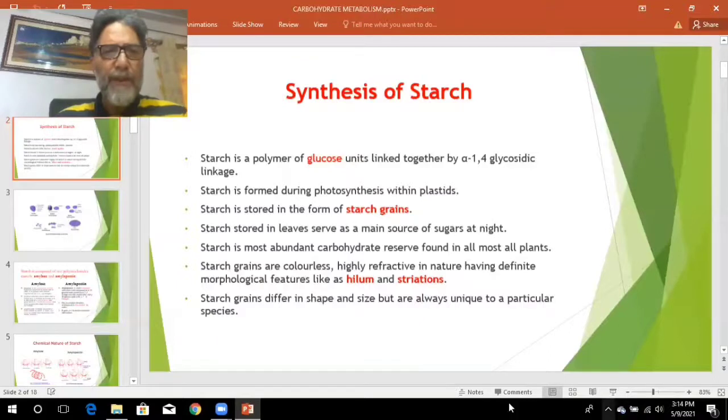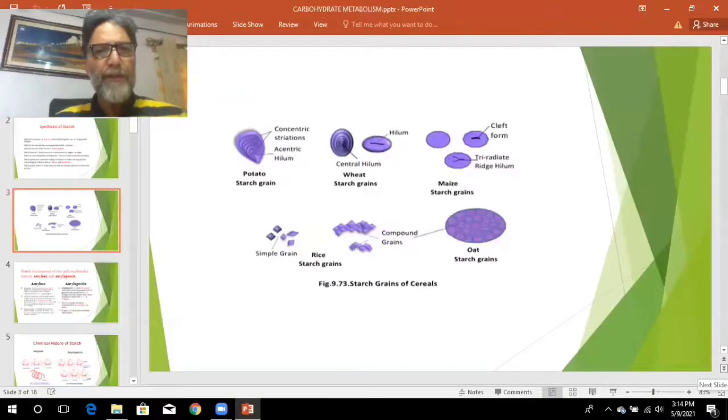Now, having said that starch is a stored form of polysaccharide and is stored in the form of starch grains, you will see these starch grains have definite shapes. If we consider the starch grains of cereals, as well as potato, you will see potato has a starch grain of this shape, which has an eccentric hilum and concentric striations.